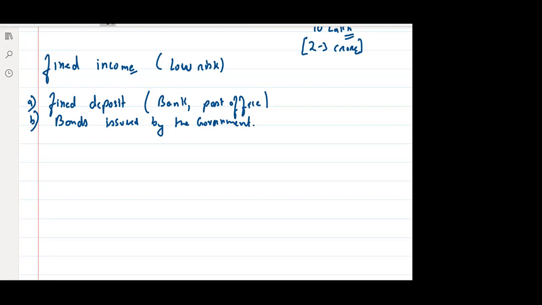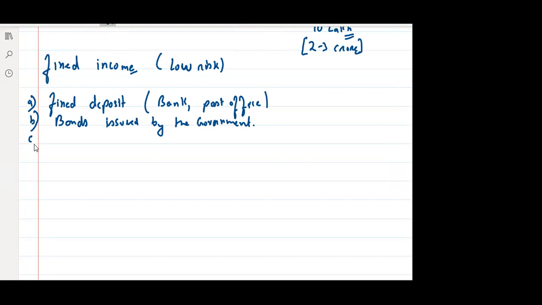Because no one knows when the price will go up, when the price will go down. I will discuss everything when we will talk about stocks. Bonds, I will discuss about bonds. Okay, what are bonds?